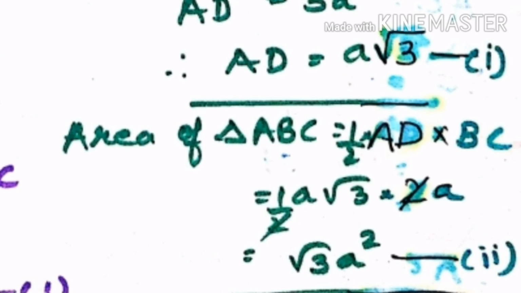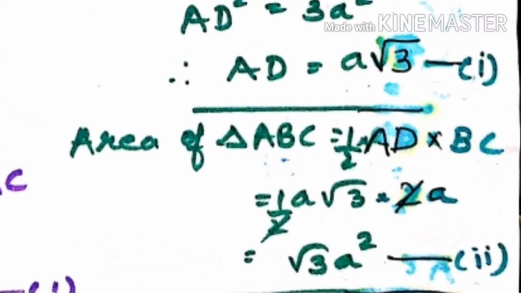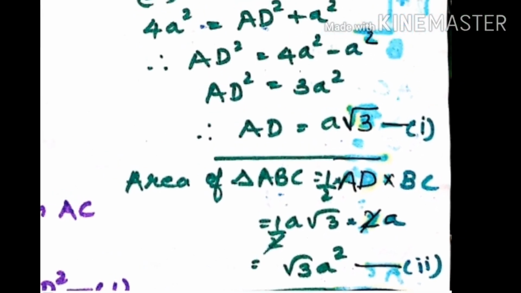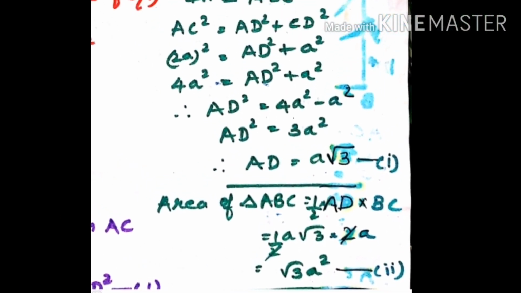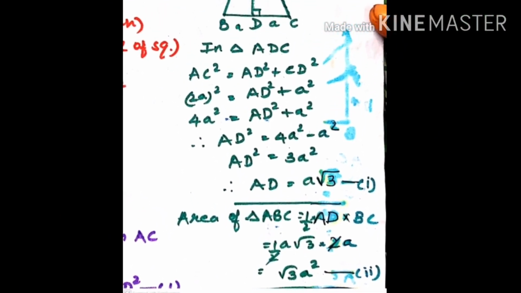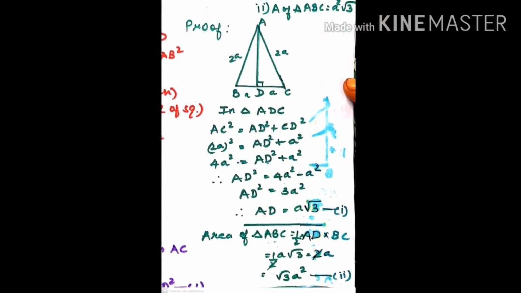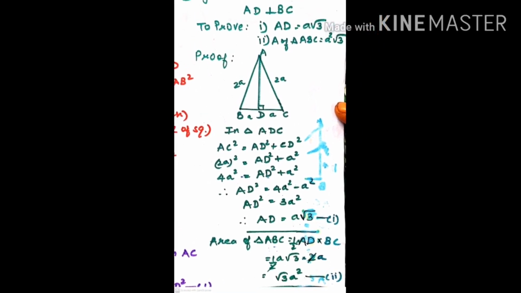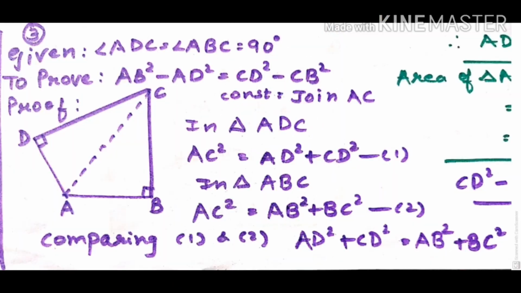Now the 2 gets cancelled and root 3 into a becomes a square root 3. So here the second proof also gets completed. So you can see, students, that by using our general properties of triangles and Pythagoras theorem, you can solve any proof.